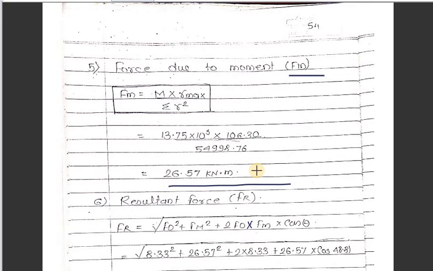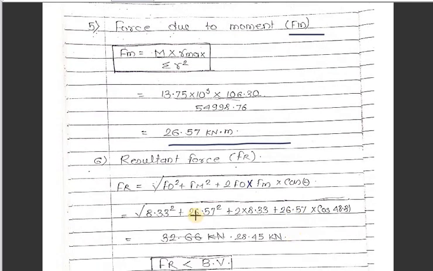The formula for the resultant is Fr equals square root of Fd square, that is the direct force on the bolt squared, plus Fm square, the moment on the bolt, plus 2 Fd Fm cos theta. It is the simple formula which you have already seen in mechanics also.